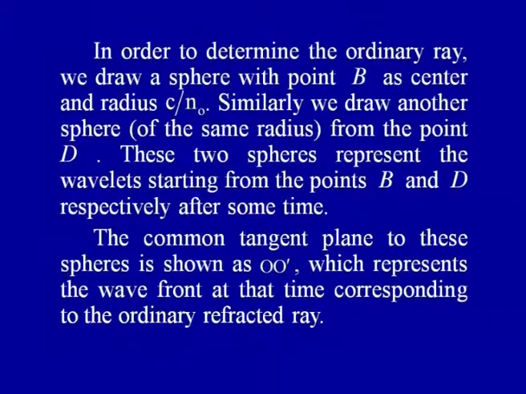Now, in order to determine the ordinary ray, we draw a sphere with point B as center and radius c upon n_o. Remember, c upon n_o is the speed of the ordinary ray. Similarly, we draw another sphere of the same radius, because both these spheres are originating at the same instant. The points B and D become active at the same time.